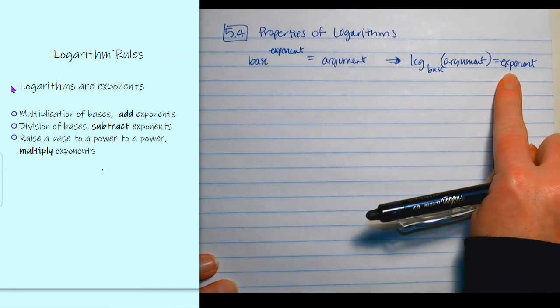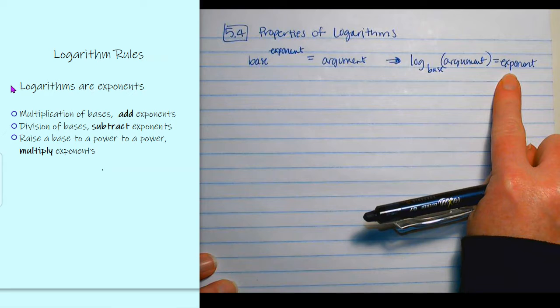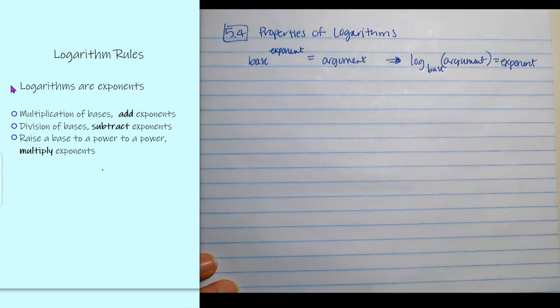So we know this as far as the definition of a logarithm, but now we need to figure out how to use logarithms in order to rearrange equations that are more complicated than the ones we've done so far. And to do that, we need to review the rules of exponents. So let's do that.